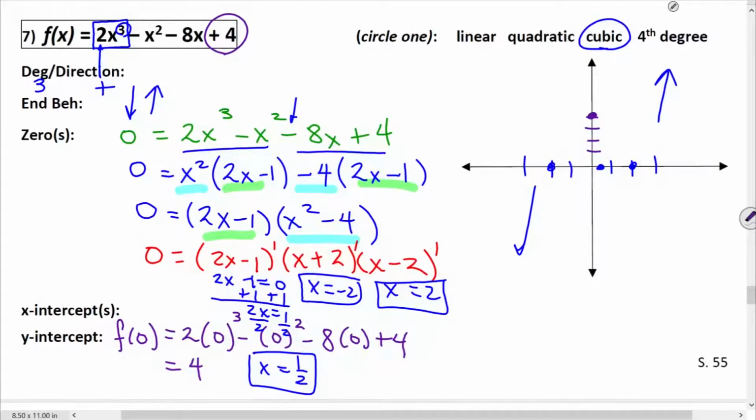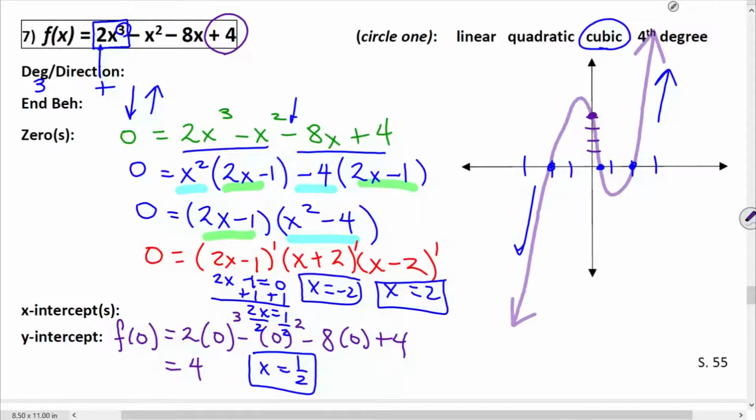I would start down here, cross through here and hit my y-intercept, and I would cross here and then cross here and go up. Everything I've done so far, the end behavior, the y-intercept, the x-intercepts, all agrees with this particular path.